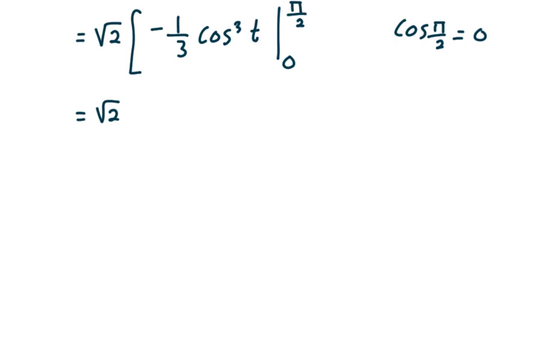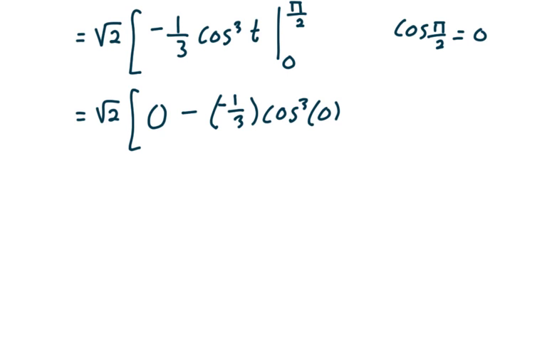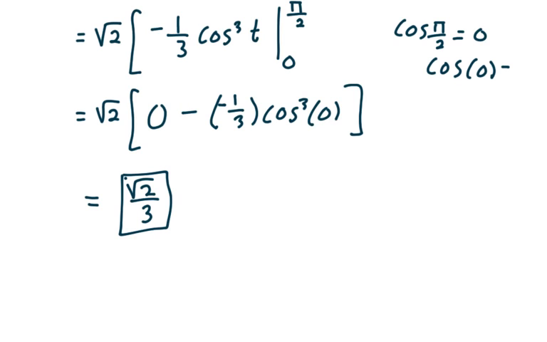So this is square root of 2 times, essentially you're going to get 0 minus negative 1/3 cosine cubed of 0. And so the answer here is square root of 2 over 3. Why? Because remember, cosine of 0 is equal to 1. And so hence that's what you get for number 9.